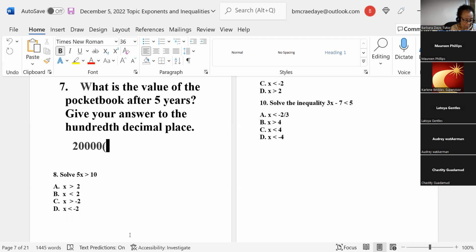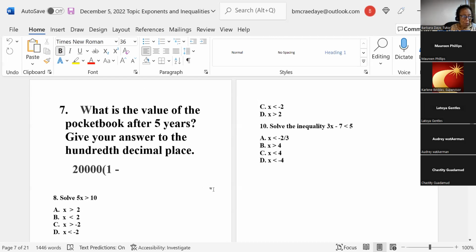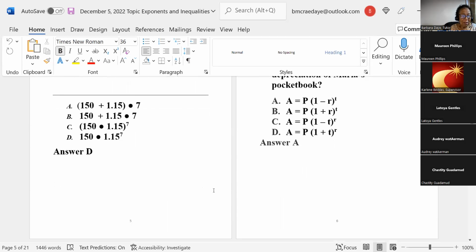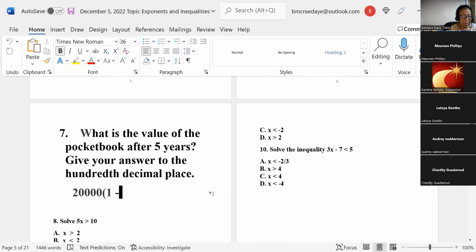You subtract 1 minus 0.08 and you get 0.92, that's right. And that's raised to the 5th power, right?